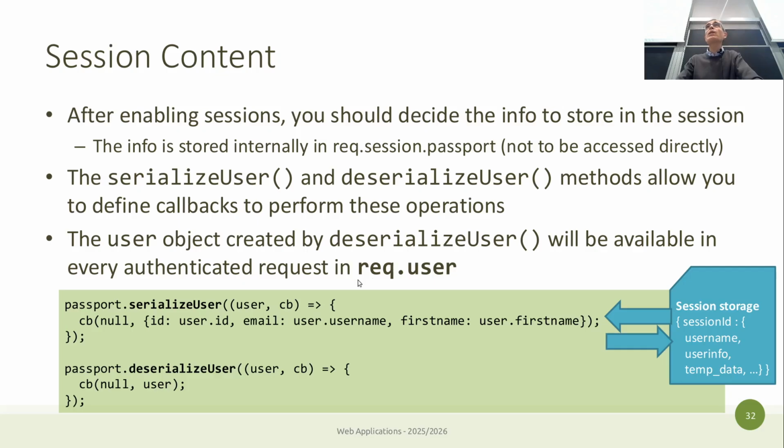So everything happens automatically. Once we say we want to use Passport and Express sessions, everything will happen automatically. If the request comes with a cookie, Passport plus Express session look at the ID of the session, check if the session is valid in the list of the valid sessions, take the information about the user and give it back to you in your code as req.user.